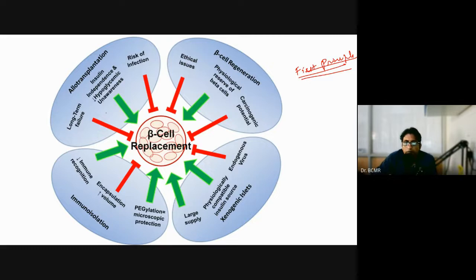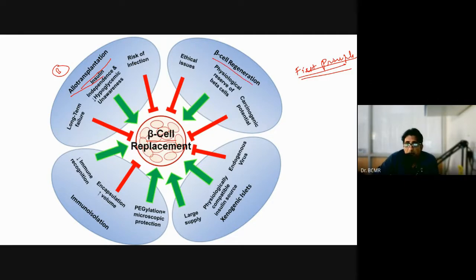Okay, if insulin production is the problem, then we need to have some beta cell replacement. One approach is allotransplantation, that is, you take beta cells from somewhere and then put them into the individual. That could work. The other one is beta cell regeneration.